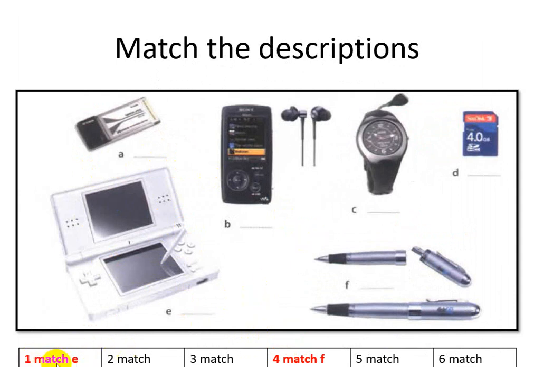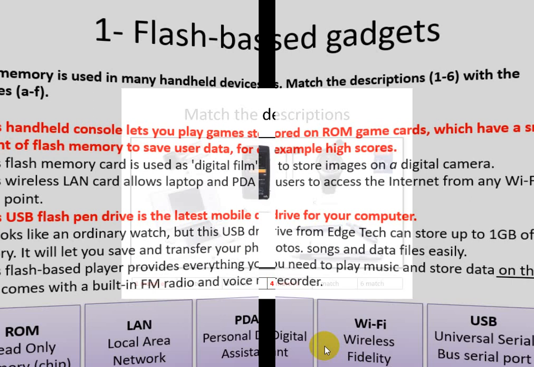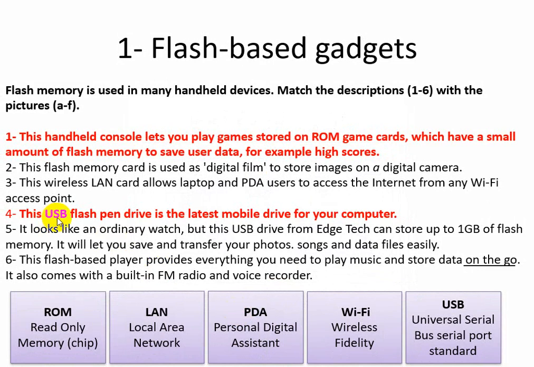As I said, number 1 is E. This console is like a game player, or I suppose PlayStation or CD player, or whatever the stuff that is used for games. Okay, so you need to answer number 2 matches what, number 3 matches what, number 4 matches F, as we said, the USB flash pen drive.